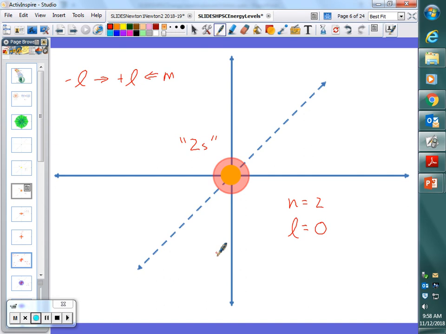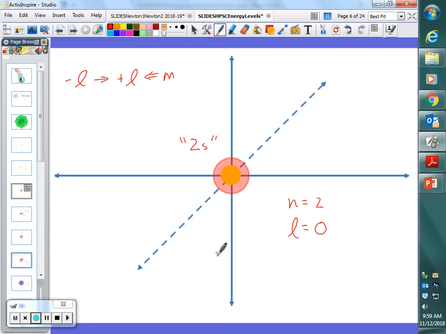What's the L value that we assign to an s orbital? So if you run from -0 to +0, how many numbers is that? 0. Well, because there's no such thing as -0 or +0, right?